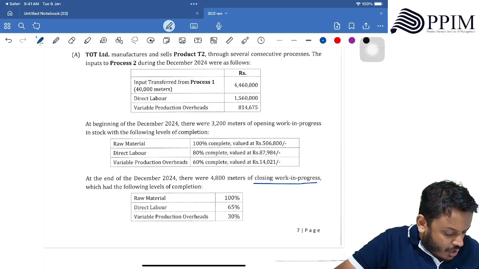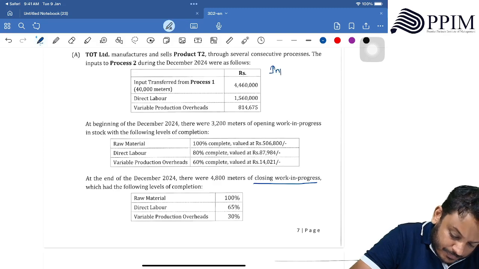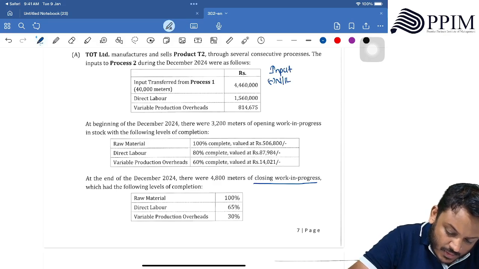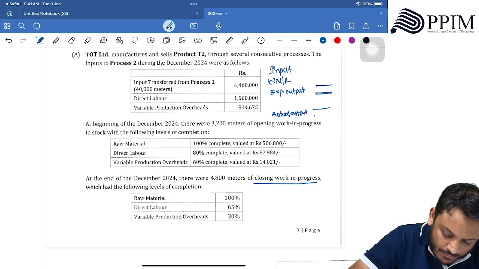There is also an abnormal loss. How to get abnormal loss? Input minus normal loss equals expected output, and the actual output and expected output are different.